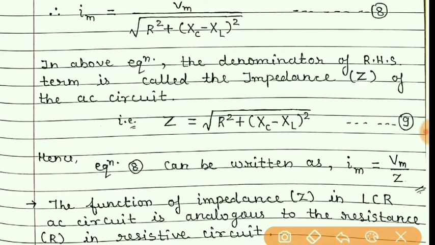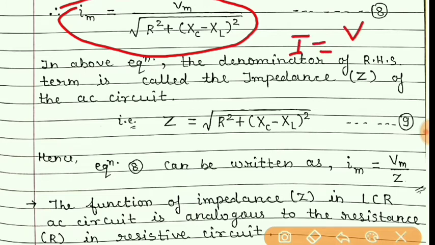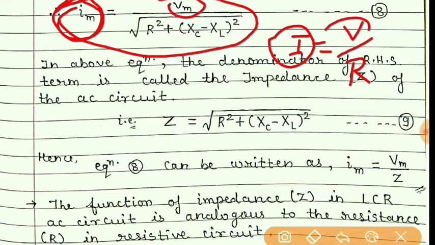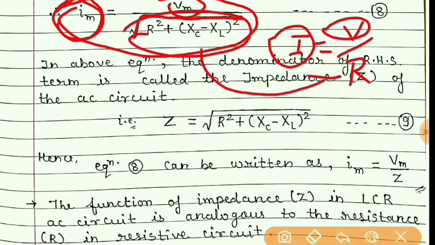Thereafter, we know that this type of equation resembles Ohm's law. We know that I is equal to V by R. You can see here there is a term with I, here there is a term with V. So whatever term remains here is similar to the resistor.